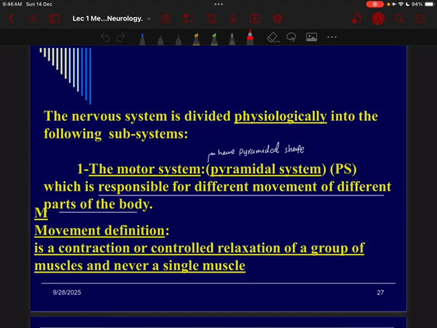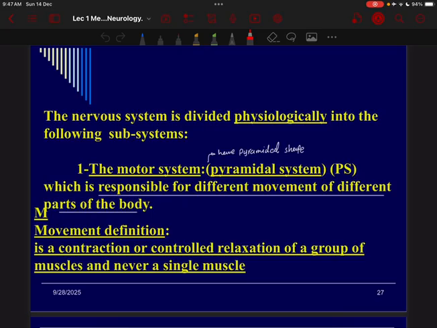So, number one, we have the motor system called the pyramidal system. Why is it called the pyramidal system? Because the fibers are collected together like a pyramid. That's why it is called a pyramidal system.